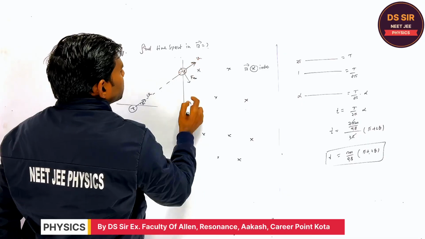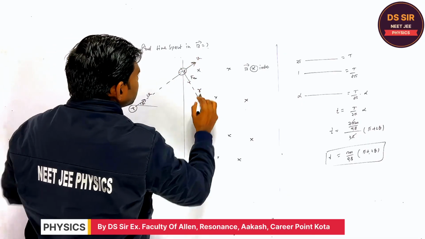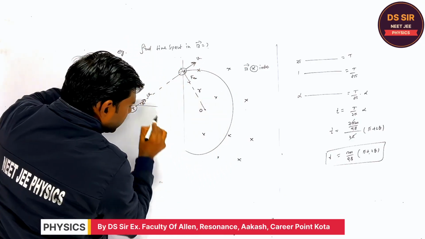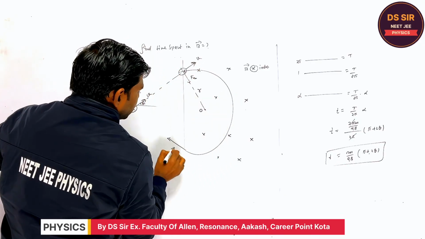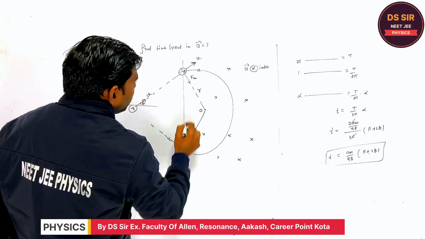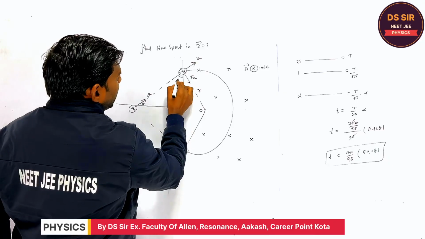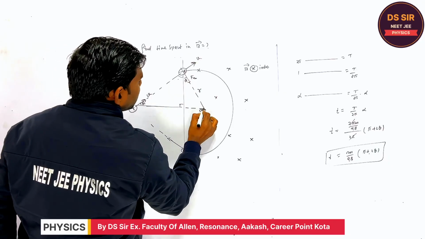So therefore this will be the center of the circle. This is the radius, and around this it will perform the circle like this. This is the minus q charge and it will continue to move. So if this is theta, again it is 90 minus theta and it is theta.